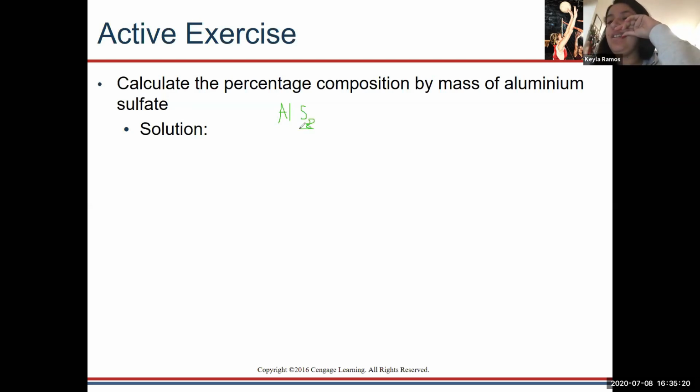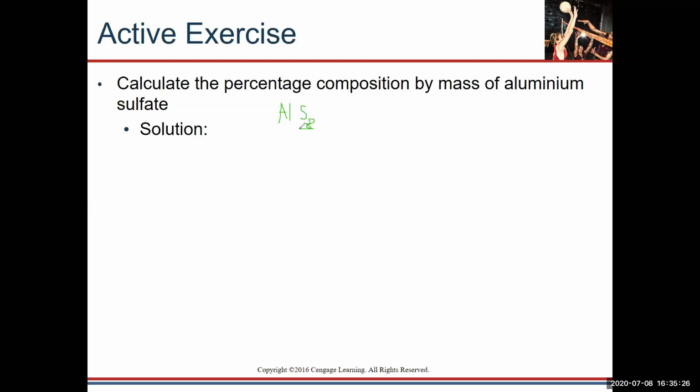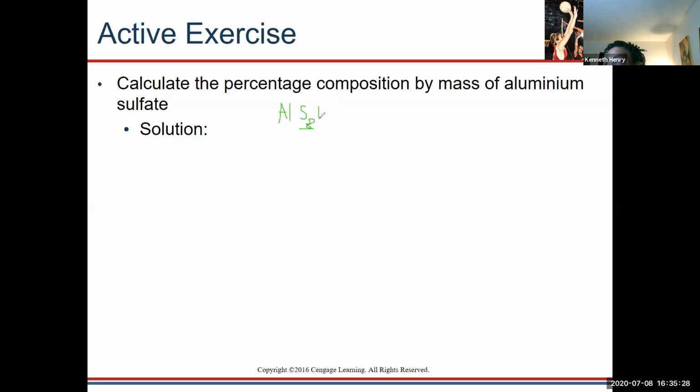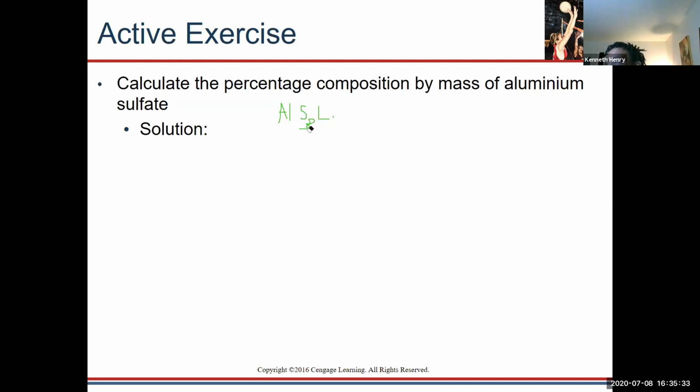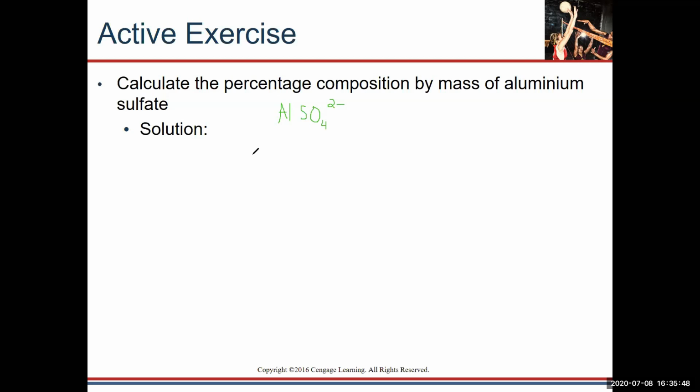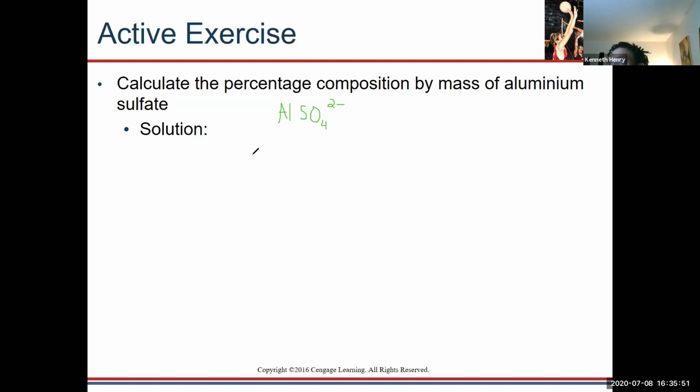I'm just writing down what you guys tell me. SO4, 2 negative. So that's what I would write for my chemical formula? You wouldn't write the negative. Okay. So is that the way it looks?